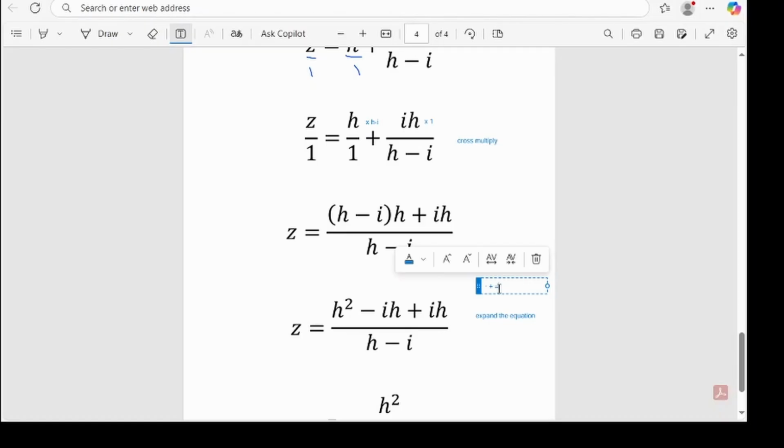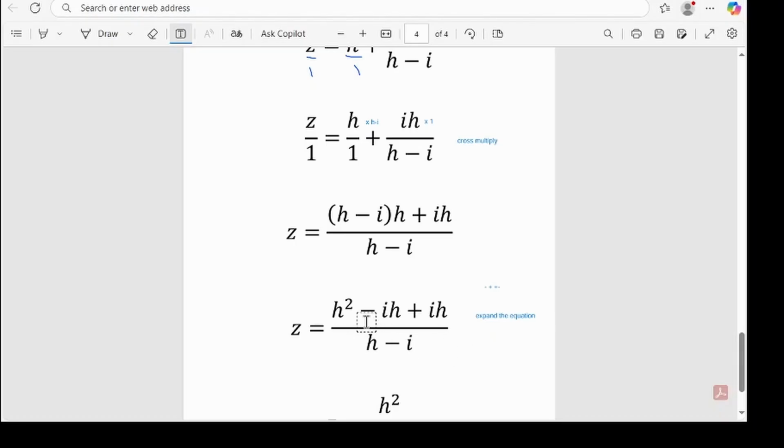So negative IH and positive IH would cancel itself for H squared to become the only factor standing, right?